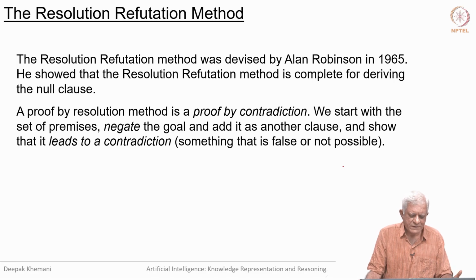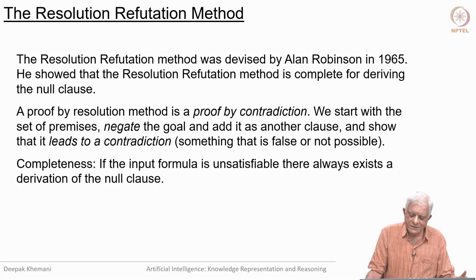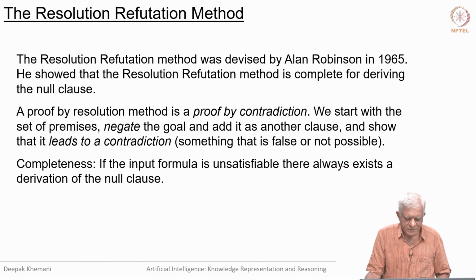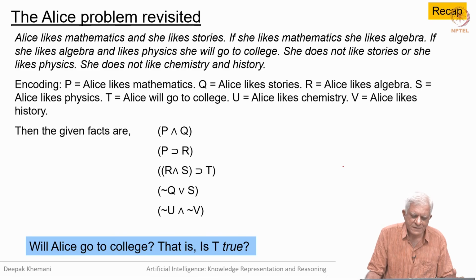We start with a set of premises, negate the goal and add it as another clause, and show that it leads to a contradiction, something that is false or not possible. If the input formula is unsatisfiable, then Robinson showed that there always exists a derivation of the null clause essentially, which is of course comforting. Next, we will look at some examples.